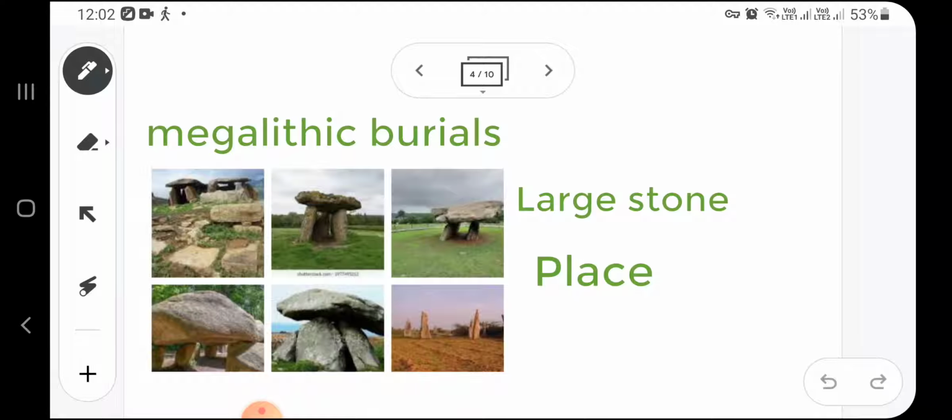Megalithic burials. It is a very interesting subject. We are talking about iron tools, right? The largest collection of iron tools and weapons was found in the megalithic burials.